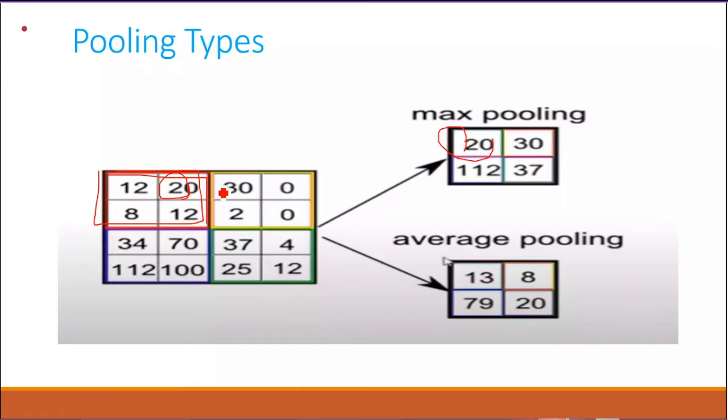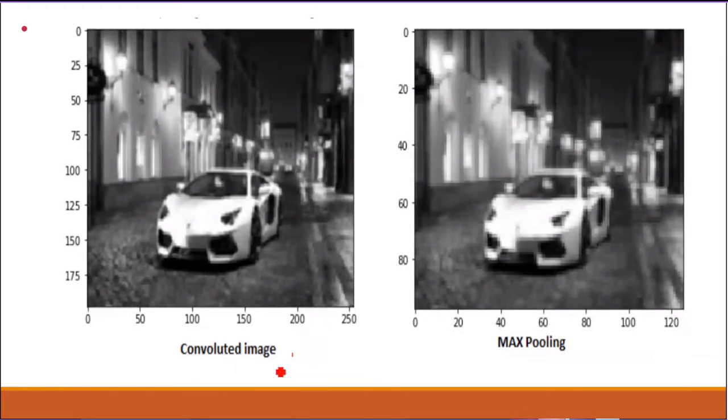Again, among these 4, because the pooling is 2x2, I have to process the maximum value. In average pooling, the 4 pixel values are taken as an average value. So this is a pooling type. After the convolved image, the maximum pooled output will be like this, because this is enough to classify the car objects.